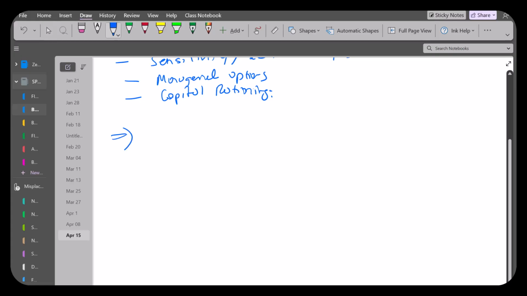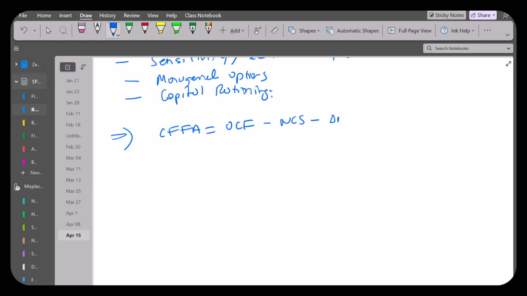Now, in terms of project cash flows, you remember those cash flows that somebody gave you in chapter 8? We're going to calculate them as operating cash flow minus net capital spending minus change in net working capital.